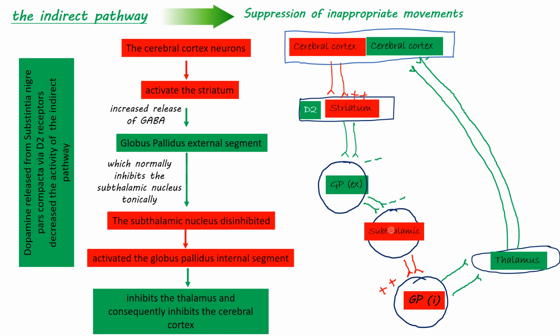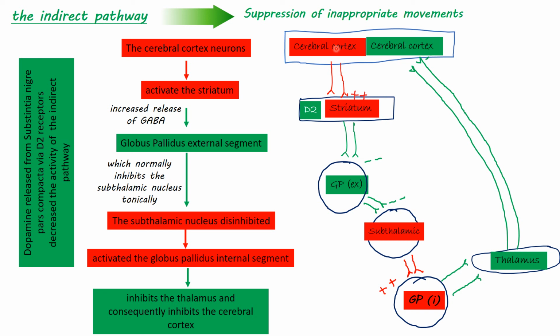And in this condition, the subthalamic nucleus becomes stimulated, or disinhibited. The subthalamic nucleus releases glutamate to stimulate the globus pallidus internal segment. Once we stimulate the globus pallidus internal segment, it's going to inhibit the thalamus, and when it inhibits the thalamus, this will inhibit the cerebral cortex.